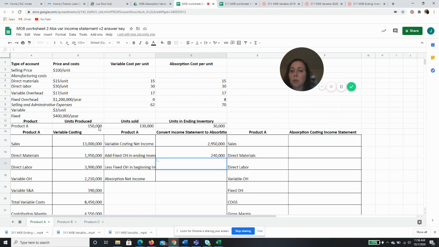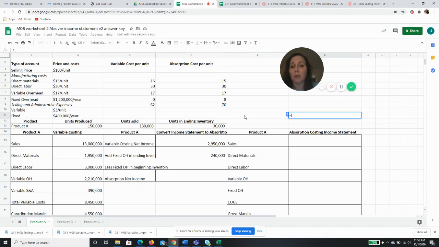All right, so let's look. We produced 150,000 units. We sold 130, and there's 30,000 left. That means that in beginning inventory, there must have been 10,000 units. So before I go on, let's see how we figured that out. Okay, so beginning inventory plus units produced is going to equal units sold plus ending inventory.